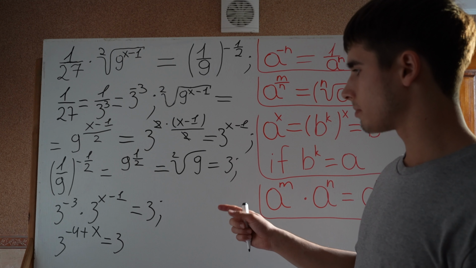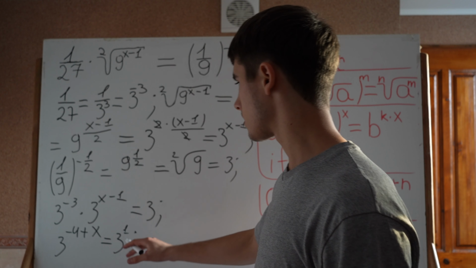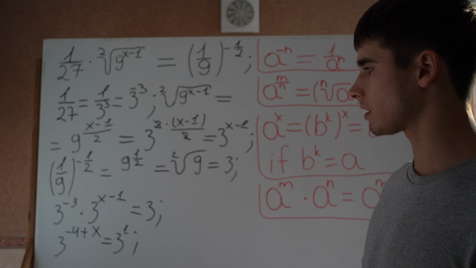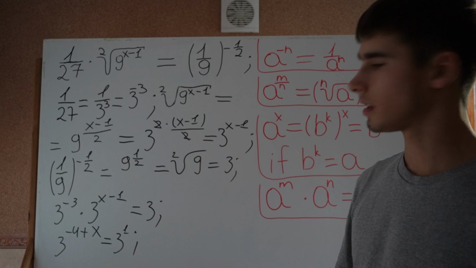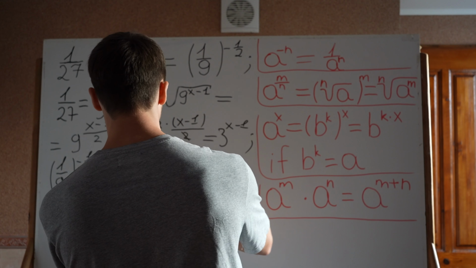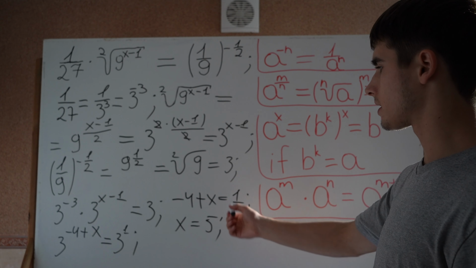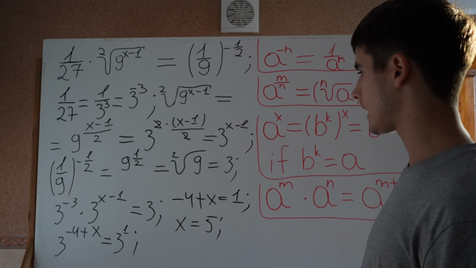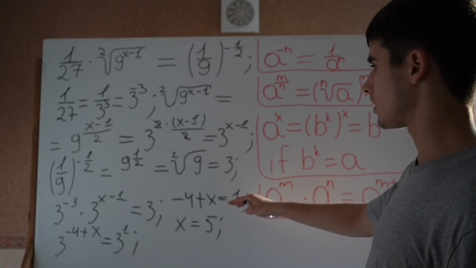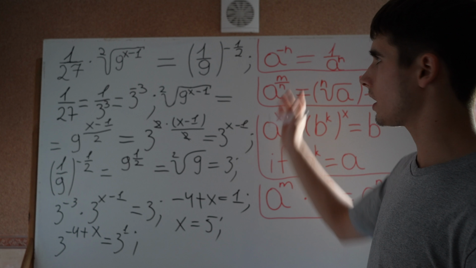So this means that at this point we can solve it as a usual linear equation, as in any other case. So let's do that. When we take a number to the other side, it changes its sign, and we will get positive 4 plus 1, and it's 5, so x equals 5. So we solved this equation.